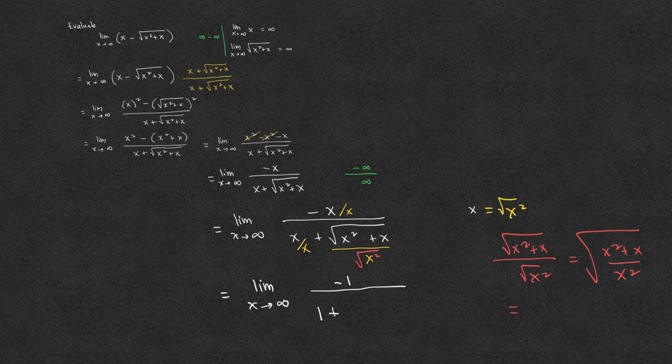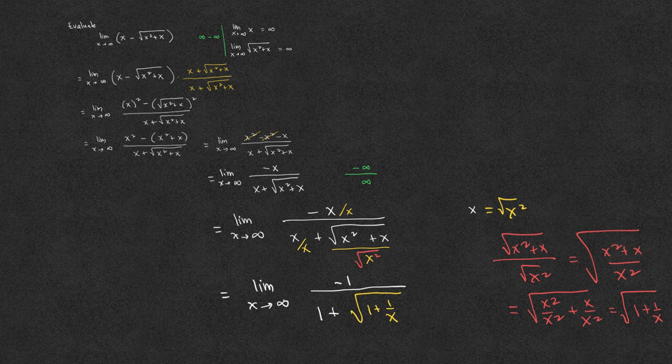And then we simplify this further as x squared over x squared plus x over x squared, which is the square root of 1 plus 1 over x. And so the last term in the denominator is now the square root of 1 plus 1 over x, where we simplified it on the side.